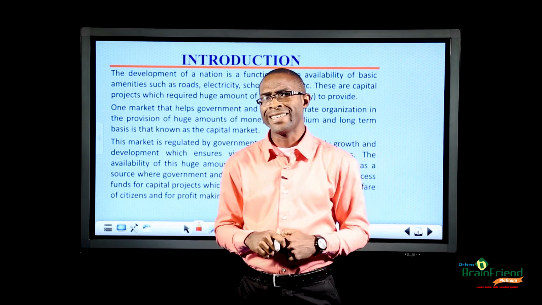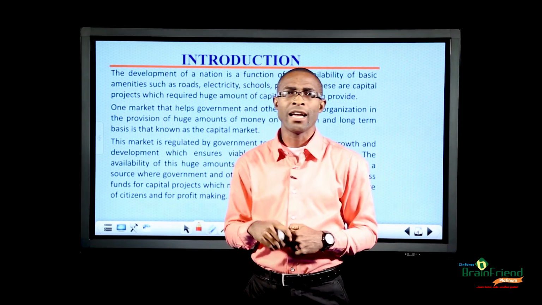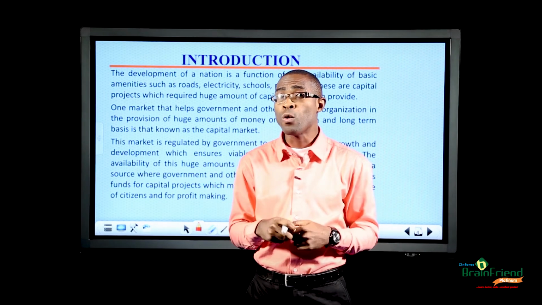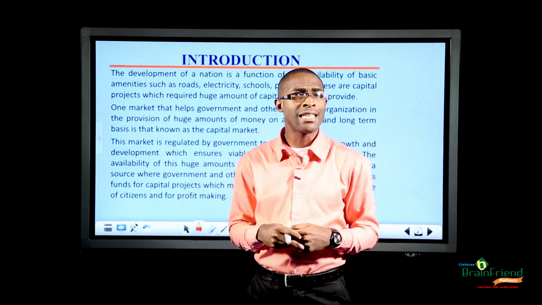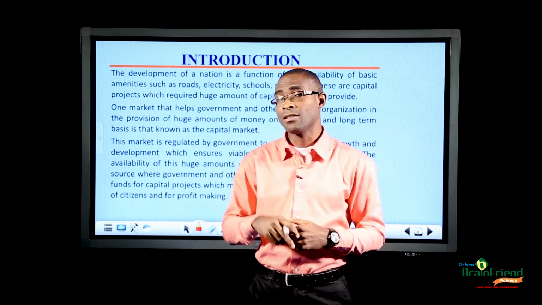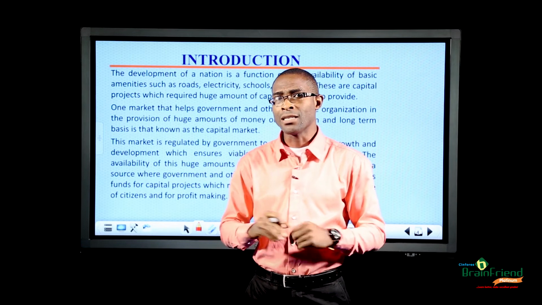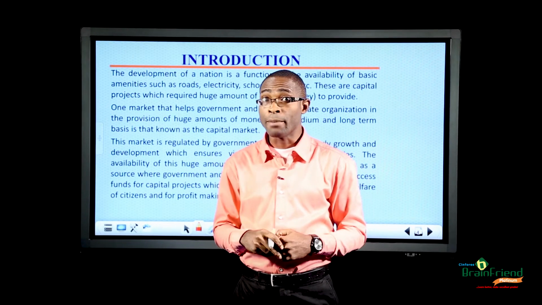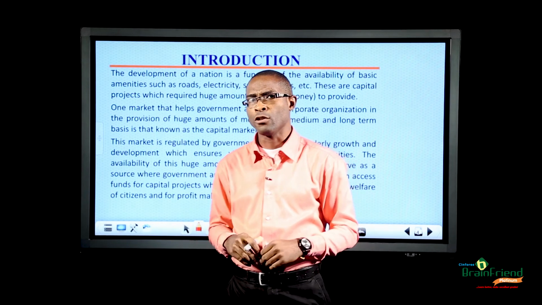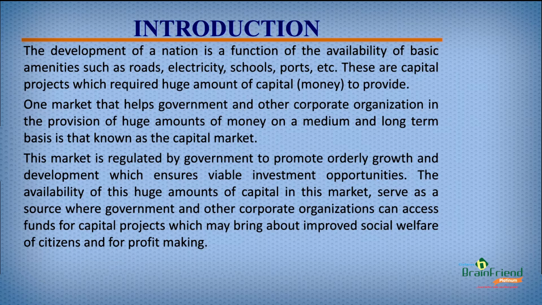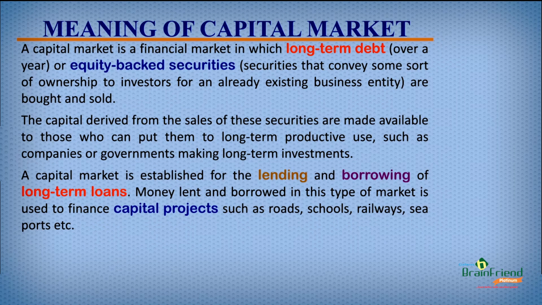One financial market that aids government and individuals by providing the huge capital required to provide basic amenities and also establish businesses is the capital market. So in this class, we will go ahead to understand the meaning of the capital market and the types of capital markets. Let's proceed as we look at the definition of the capital market.